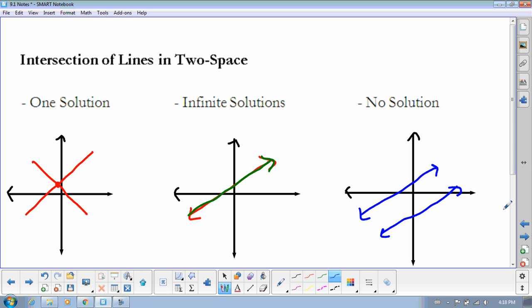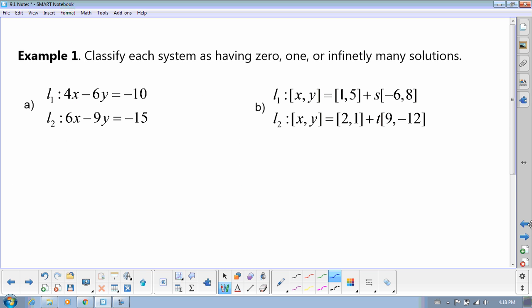So how are we going to be able to recognize those situations? It's all about substitution or comparing direction vectors, so on and so forth. So here, classify each system as having 0, 1, or infinitely many solutions. Okay, so I look at this right away, and I'm like, wait a minute, 4, 6, negative 10, these look like they might be multiples. So I might even divide everything by 2.